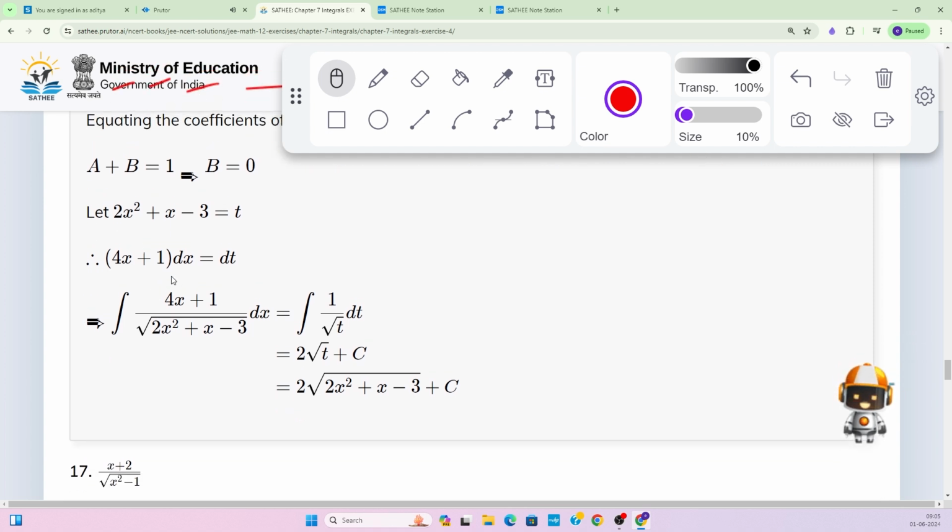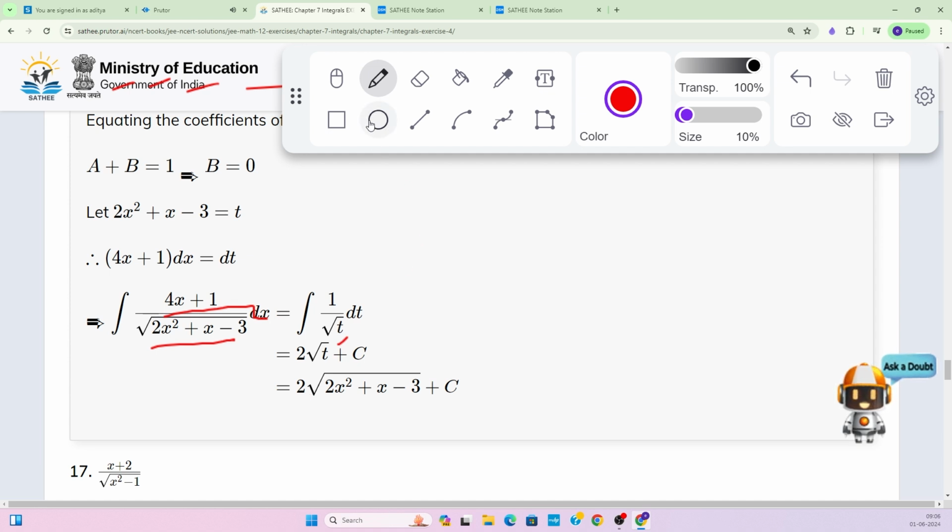The numerator can be replaced by just dt, and the denominator is nothing but root of t. The integration of 1 by root t is root t by half, which means 2 times root t plus some constant. This means 2 times root of (2x square plus x minus 3) plus c. I hope it is clear to you.